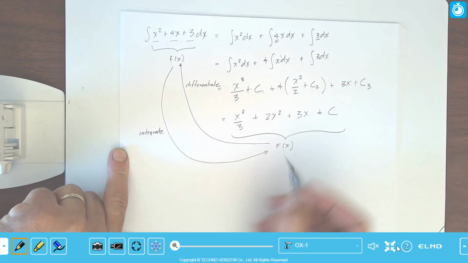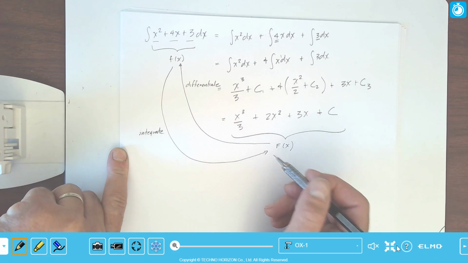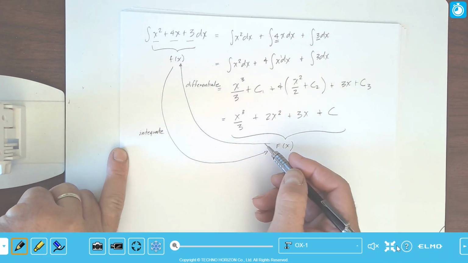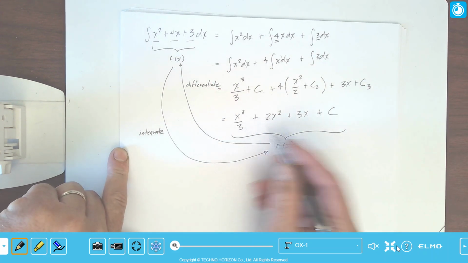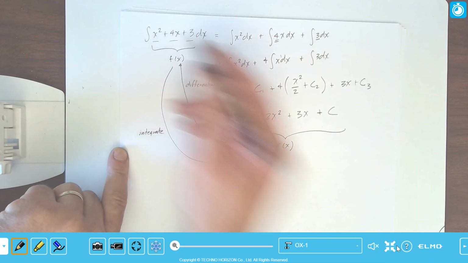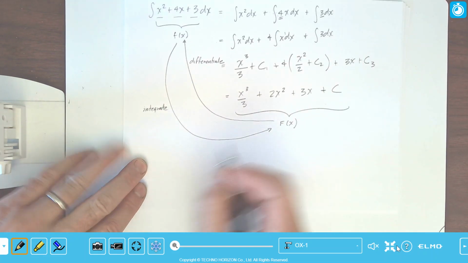So when we get one of these, one of the ways we can check it, because we got from here to here by integrating, is to check it by differentiating and seeing if we get this. So here would be our check.